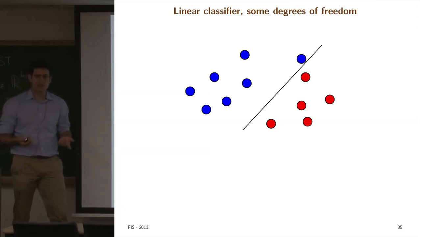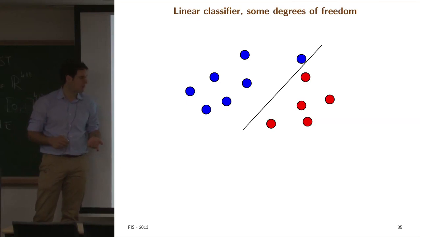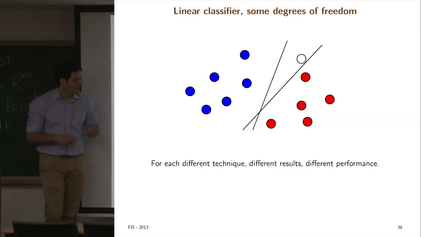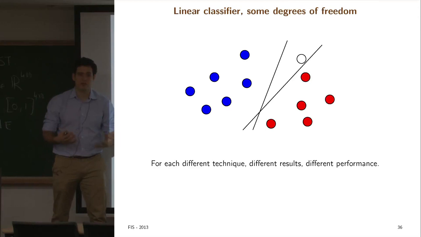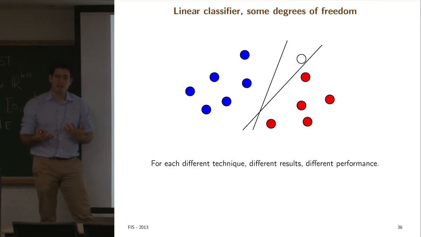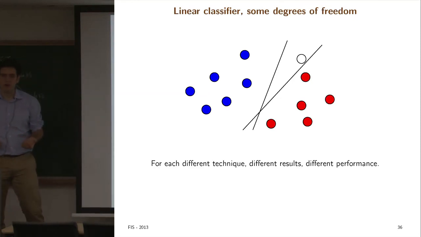So what's at stake is not so much whether we are able to separate blues and reds well in a training set. What's at stake is what will happen when we see more points after that, and will we make a lot of errors? Is it likely that our classifier will be useful?